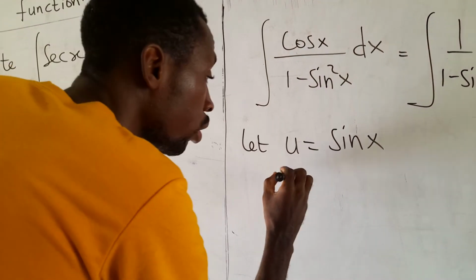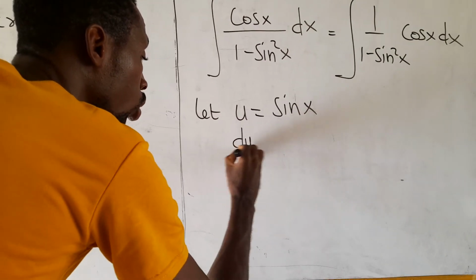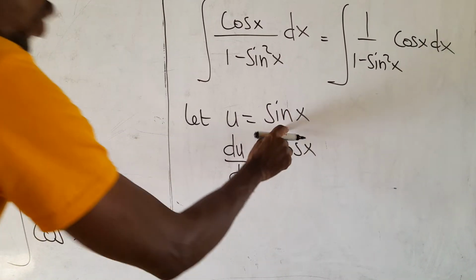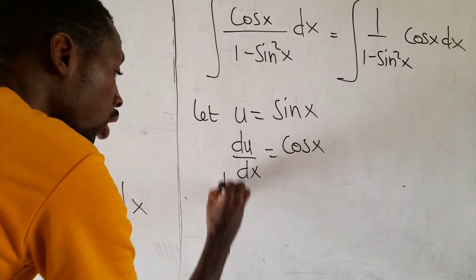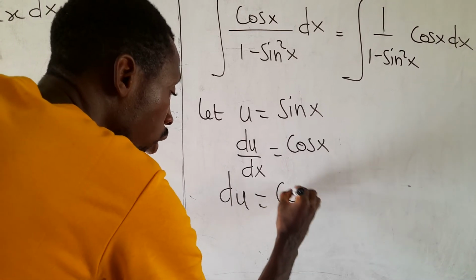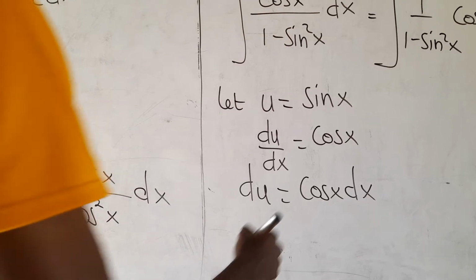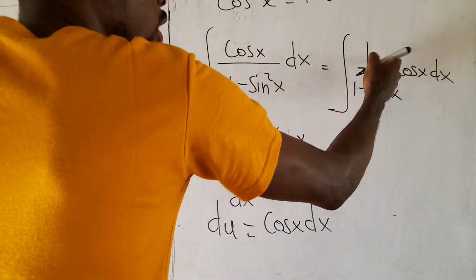I'll differentiate now. My du over dx, remember, will be cos x. When we differentiate sin, we get cos. So we'll make du the subject. du will be equal to cos x dx.